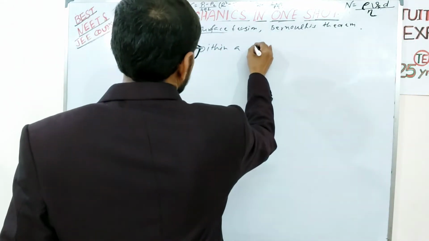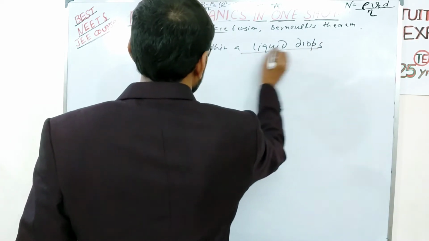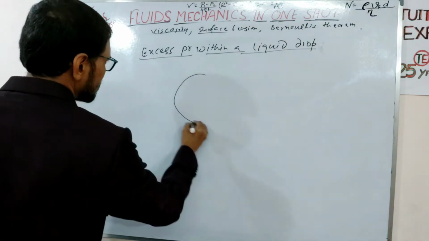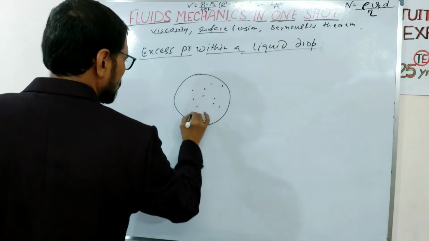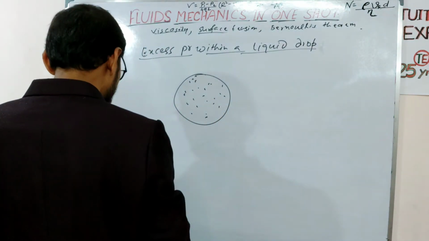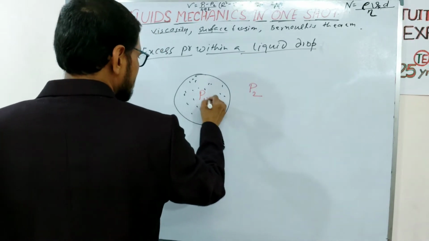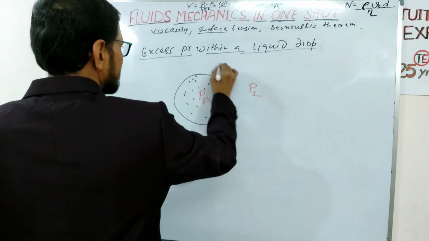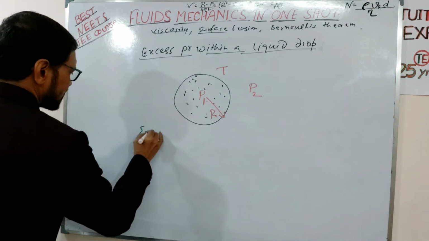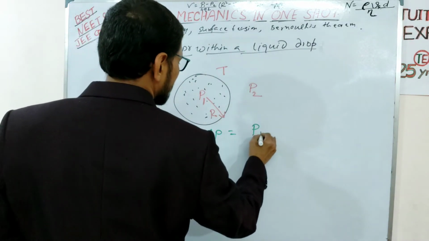Excess pressure within a liquid drop. Suppose this is a liquid drop. Inside has a pressure P1 and outside has a pressure P2, radius R, surface tension T. So P1 minus P2 is the excess pressure, delta P equal to P1 minus P2.